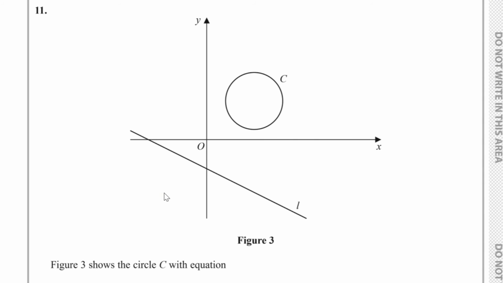So if I go back to my diagram, we have the center 5, 4 and the radius of 3.